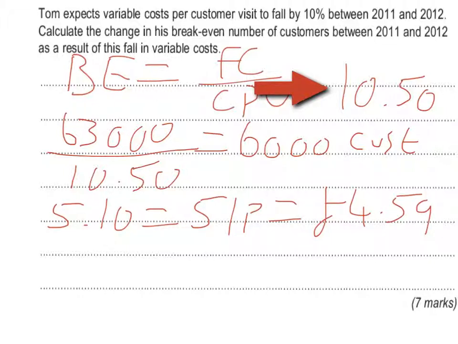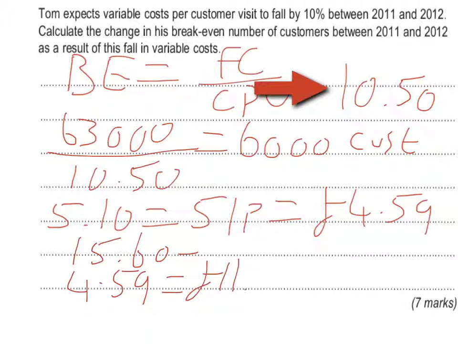This now enables us to work out the new contribution per unit figure, which will be £15.60 minus £4.59, which now changes the contribution per unit to £11 and a penny. Fixed costs have remained the same from the previous year, 63,000, divided by £11 and a penny gives us an answer of 5,722.